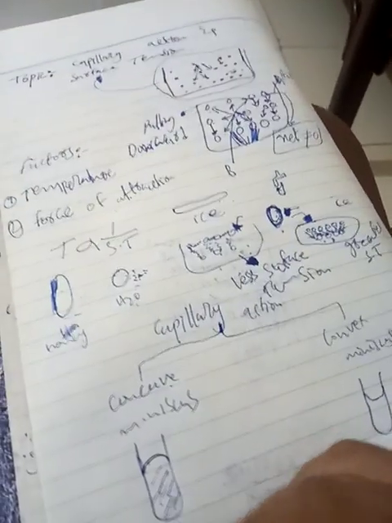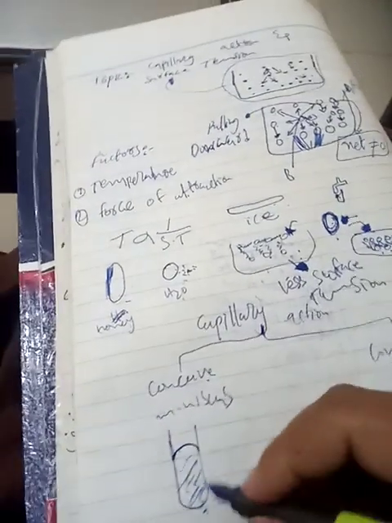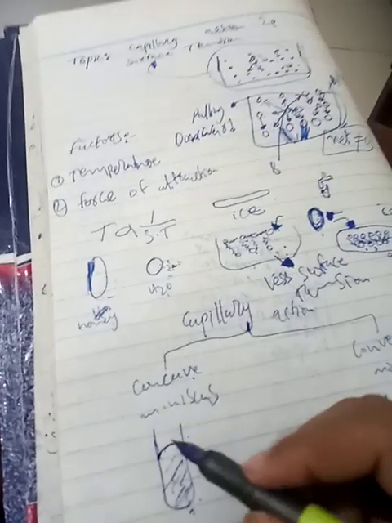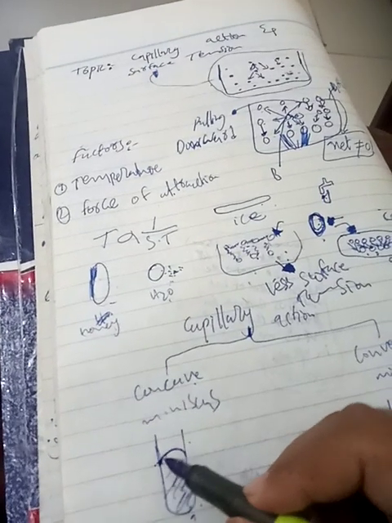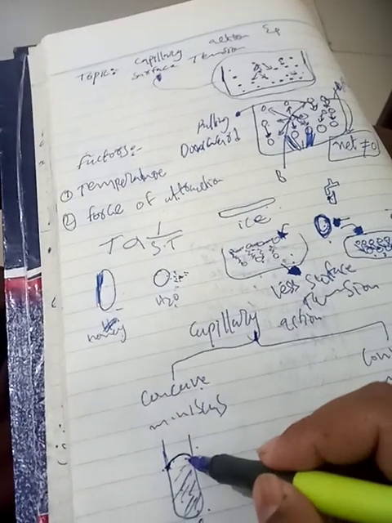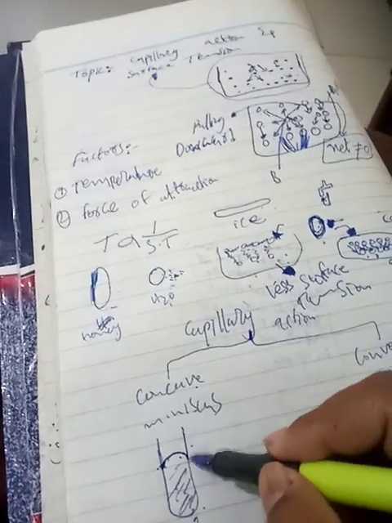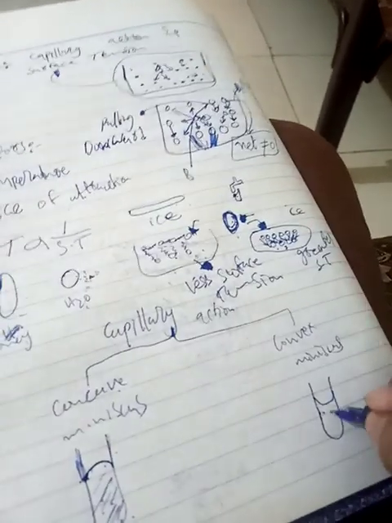Because here we have more cohesive force as compared to the adhesive force. The concave meniscus means less attraction of liquid particles towards the glass, and convex meniscus means more attraction of liquid particles towards the glass.